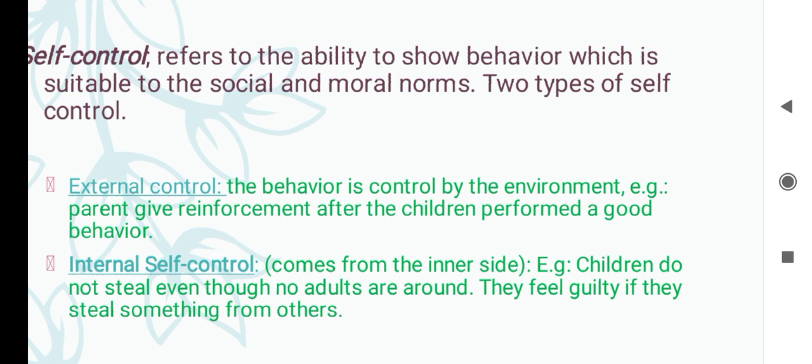They are not doing that because someone has warned them, because parents are around them, because teachers are around them, because they have already instilled that belief, this understanding inside them. So they don't do it because they know that is a bad value, because they know the consequences of that behavior. So this is the example we call self-control, right?